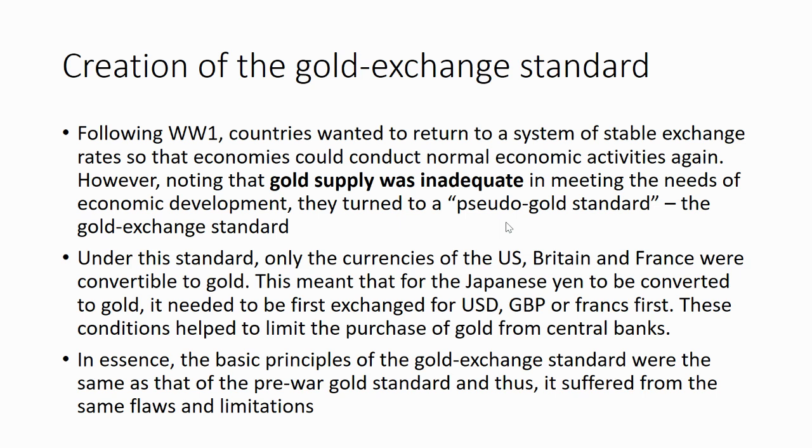This meant that for the Japanese yen, for example, to be converted to gold, it needed to be first exchanged for US dollars, pounds, or francs, right? These conditions helped to limit the purchase of gold from central banks. So in a sense, this is to tackle the fact that gold supply was inadequate. In essence, the basic principles of the gold exchange standard were the same as that of the pre-war gold standard, and thus it suffered from the same flaws and limitations, and of course, it didn't last very long.